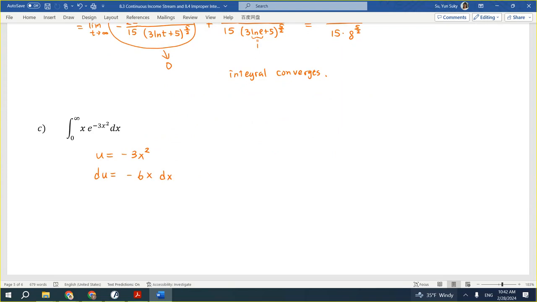You need to see the differential on both sides. And now you see we have x dx. So x dx is how many du? Negative 1/6 du. So let's calculate the indefinite integral. So we get the integral. You see, this is e to the u. And then the x dx gives us negative 1 over 6 du.